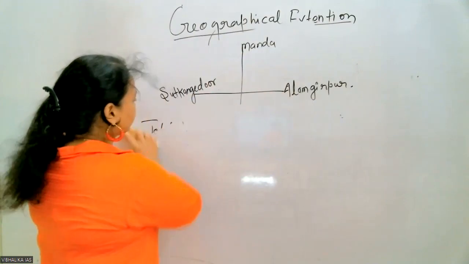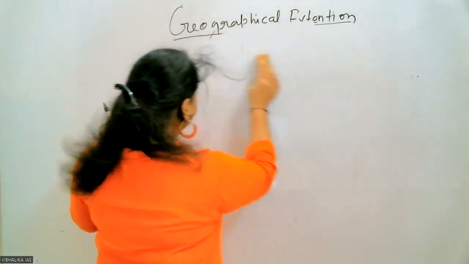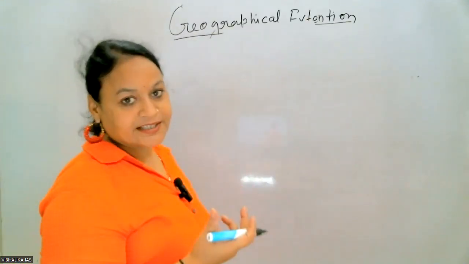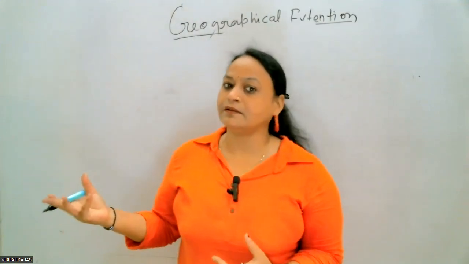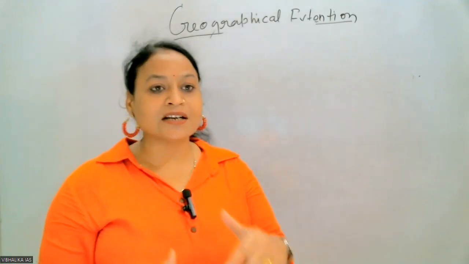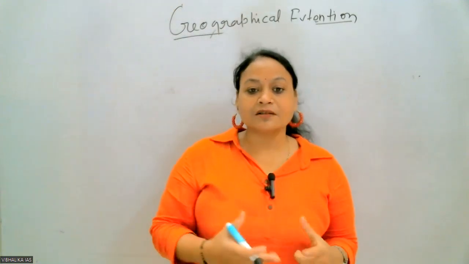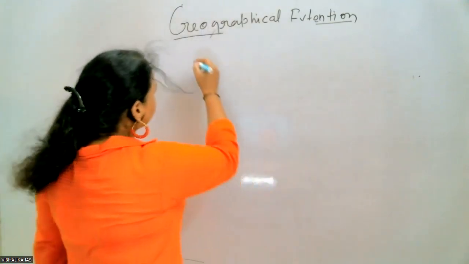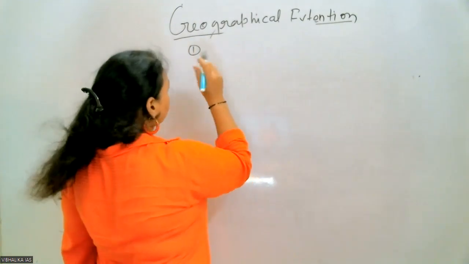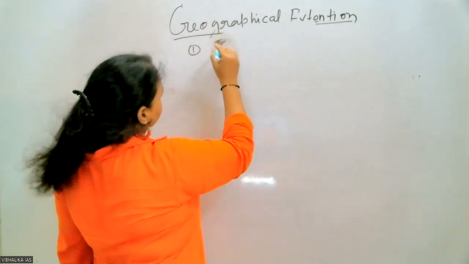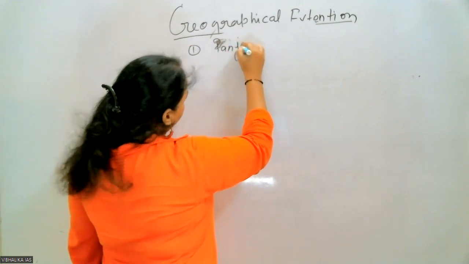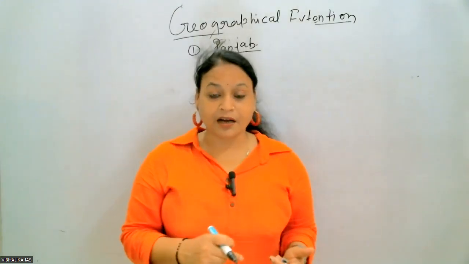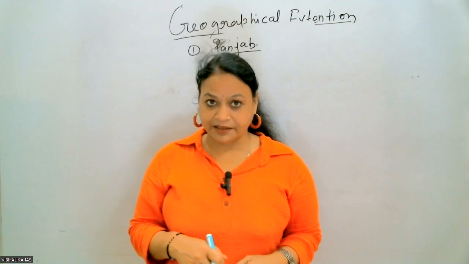Now, students, we will see in which states this civilization was spread. First of all, I want to tell you that before 1947, some sites had already gone to Pakistan after partition, but now we are going to see which sites are situated in India and in what states. Number one, Punjab. Punjab was divided into Eastern Punjab and Western Punjab, so we are talking about the Punjab which is situated in India, right?